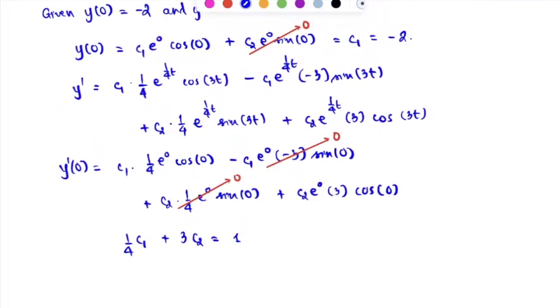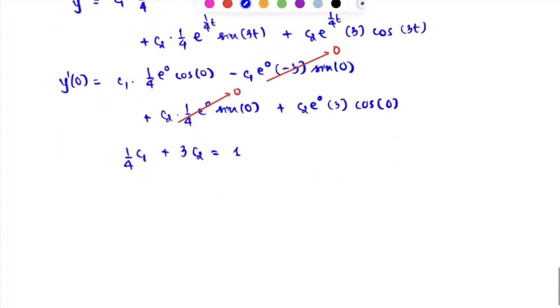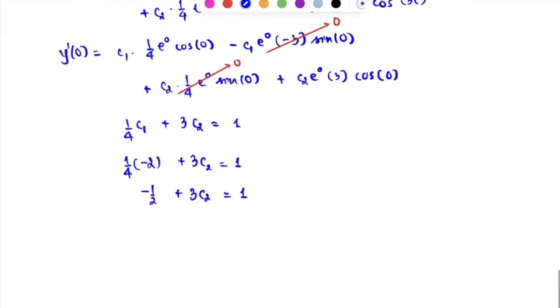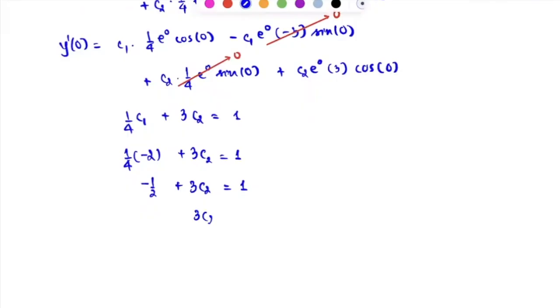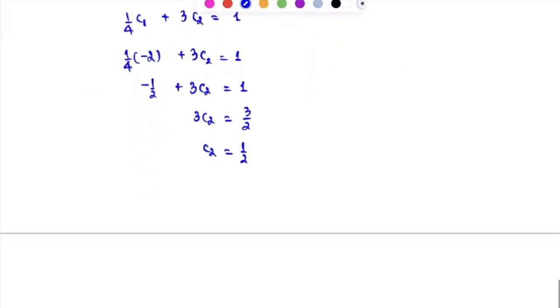But C1 is equal to -2. You get 1/4 times -2 plus 3 times C2 equal to 1. This is -1/2 plus 3C2 equal to 1, or 3C2 is equal to 3/2, or C2 is equal to 1/2.